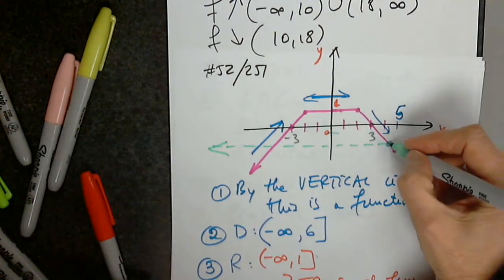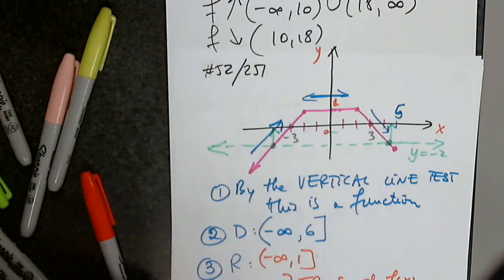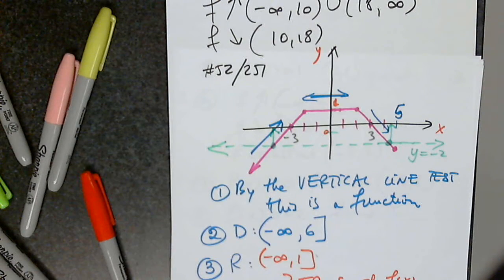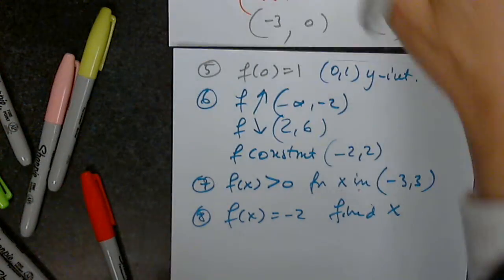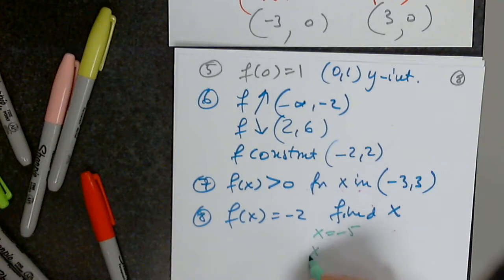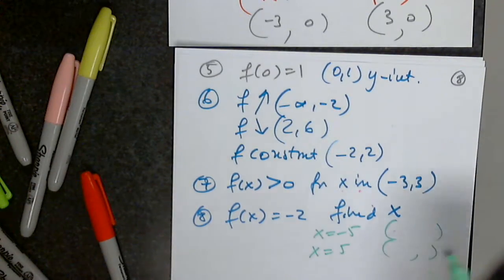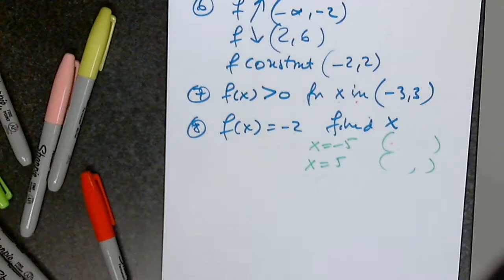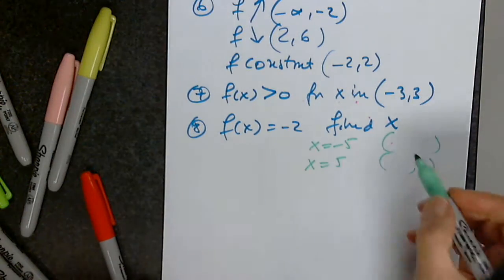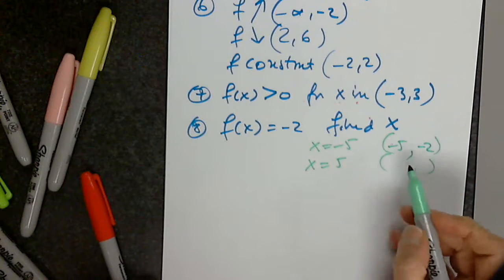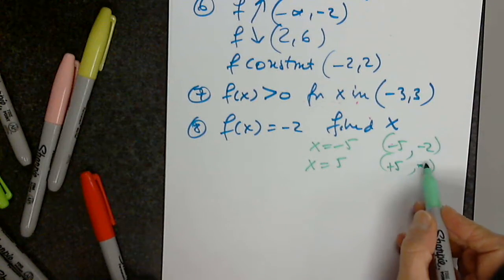And if I'm correct, then I have to read the x values, because y equals negative 2 crosses the graph in 2 points, which means 2 x values will give us y equals negative 2. So in the book, yes? Negative 5 and 5 from the book. Awesome. Very good. So x equals negative 5 and x equals 5. The ordered pairs that you read from are awesome. And then 5, comma, negative 2. Very good.